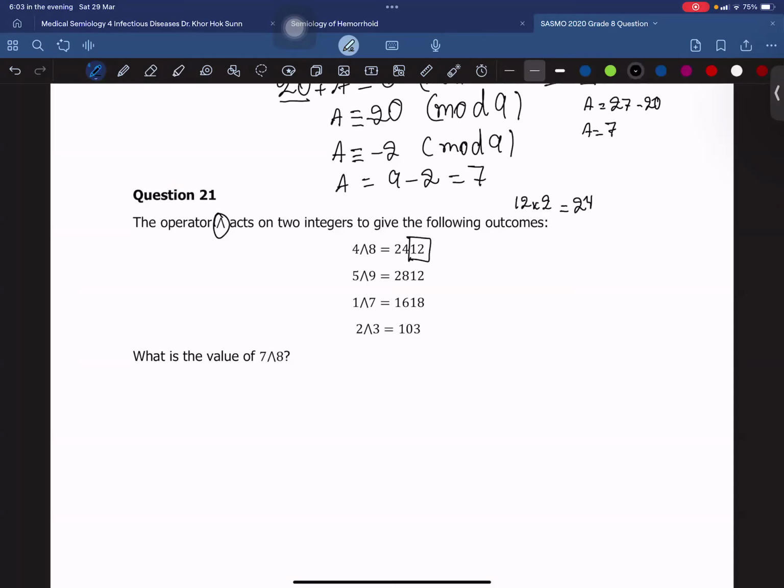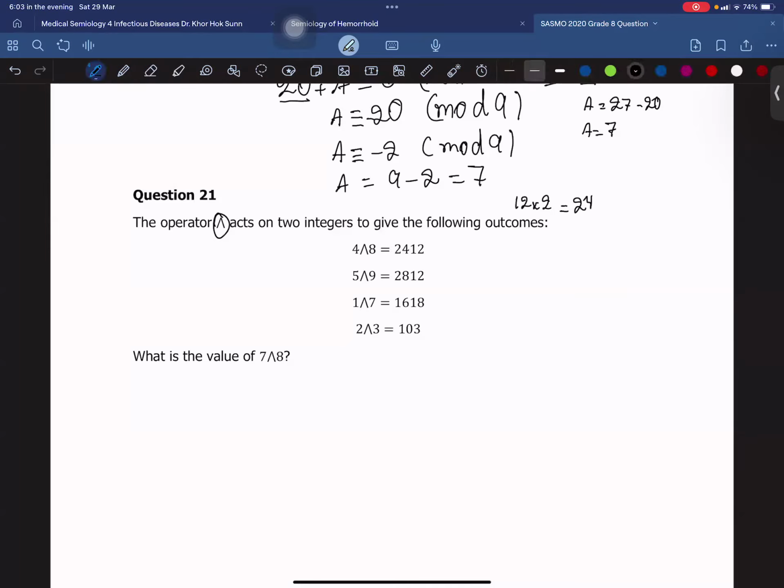Let's consider with me. What is the value of 8 minus 4? It's going to be 4. Oh, wait, this is not working. So what if we do 8 plus 4?